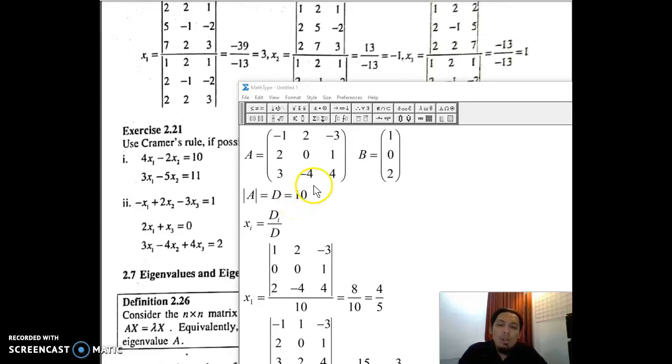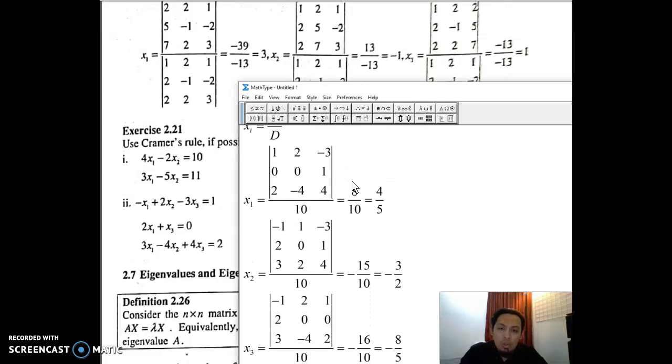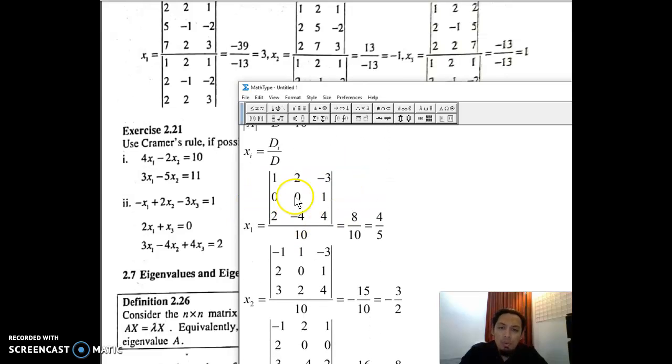Okay, so let's see the process of calculating x1, x2, x3 by using Cramer's rule. As you can see here, this is the general formula, and this is for x1. Now what I did is copy back the value of D, which is 10, and as for the numerator, I will input a modified matrix which later will produce a modified determinant.